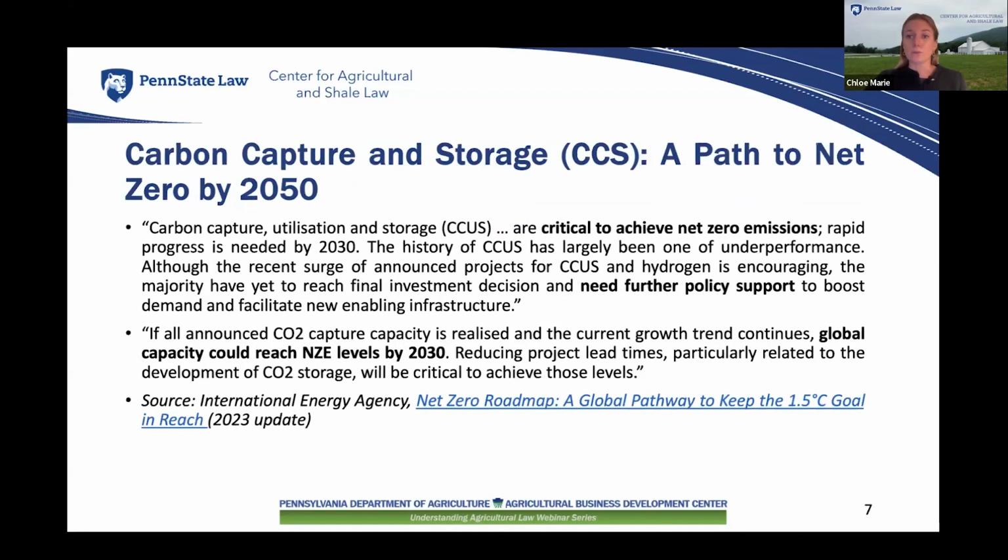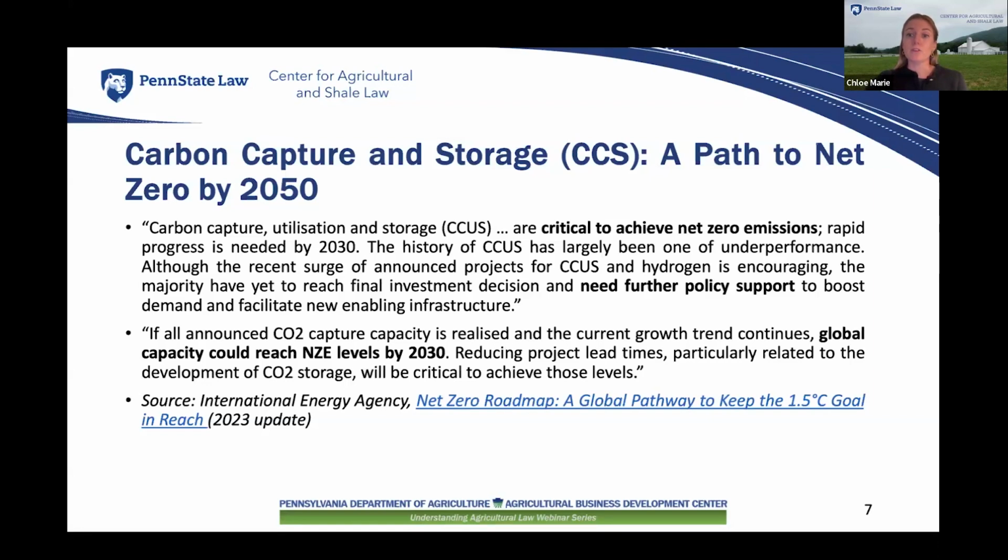The International Energy Agency highlights that carbon capture and storage plays an important role in achieving net zero by 2050, and that it is key to reducing carbon emissions from existing energy infrastructure, such as power plants and industrial facilities.